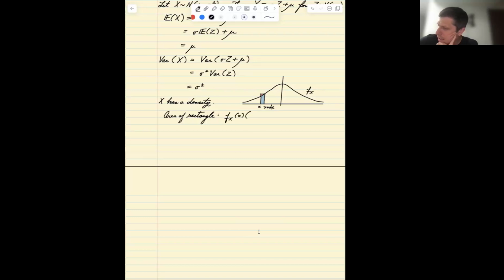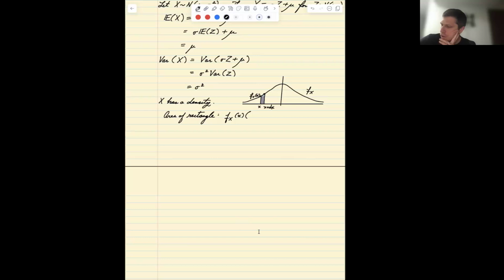The height of the rectangle is inside, it's the smaller rectangle, and then there's that extra piece, because this value here is f of x.